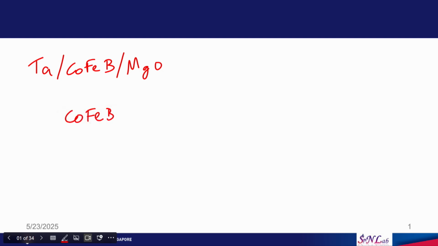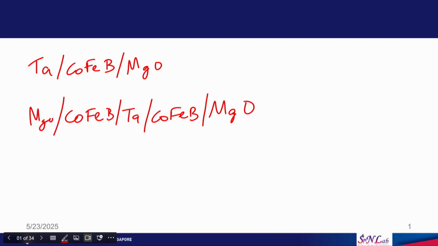After this, people started improving the tantalum, cobalt and boron, magnesium oxide. Instead of one tantalum, cobalt and boron, magnesium oxide interface, people came up with concepts like having tantalum in the middle, having two magnesium oxide layers like this.